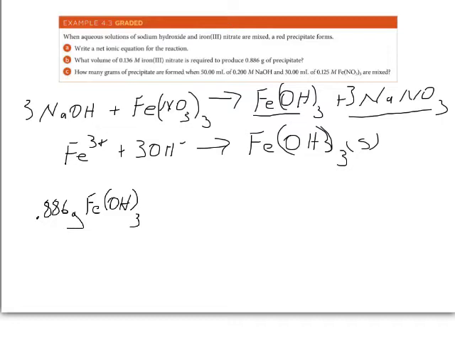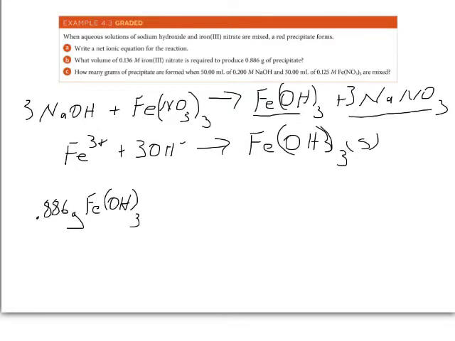So this is a little different than the way the book shows it. It amounts to the same thing, but I think it's a little bit more straightforward. So I see the relationship between the iron 3 hydroxide and the iron 3 nitrate, and I'm just going to use that. That's basically a 1-to-1 ratio.